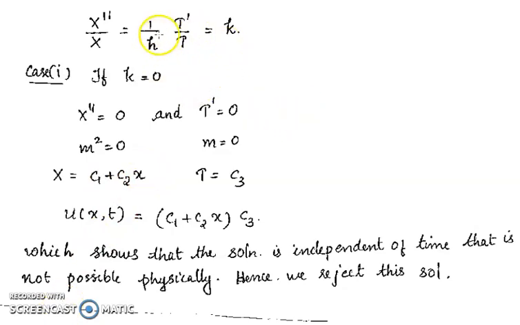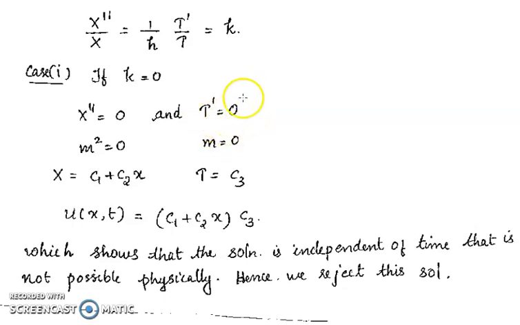Now to find T, we consider the right side, that is (1/h) T'/T equal to 0, that is, on cross multiplying, T' equal to 0, and T' is the derivative dT/dt equal to 0.